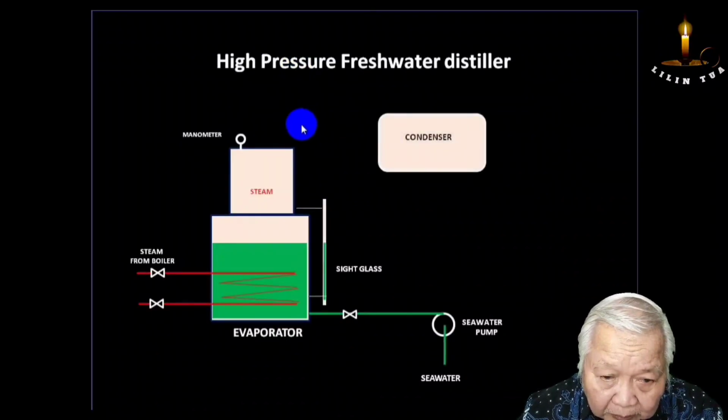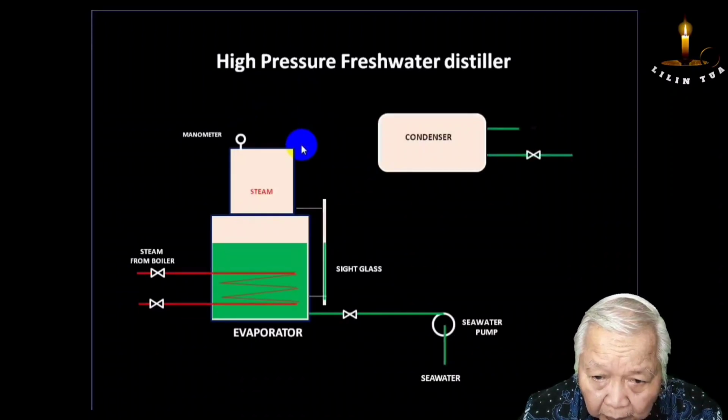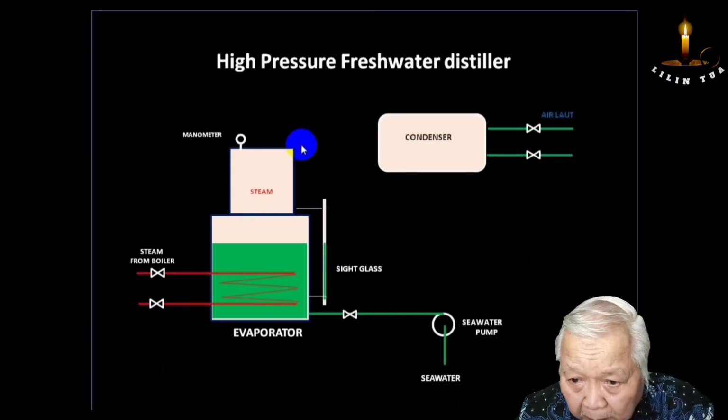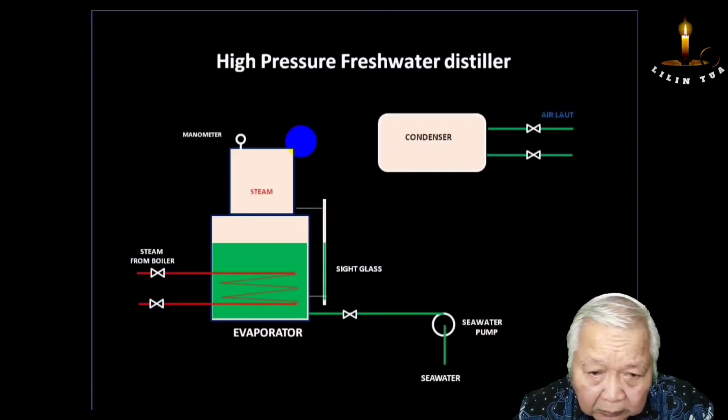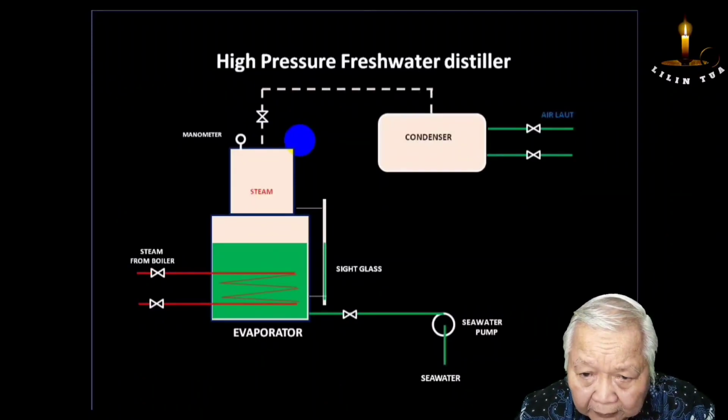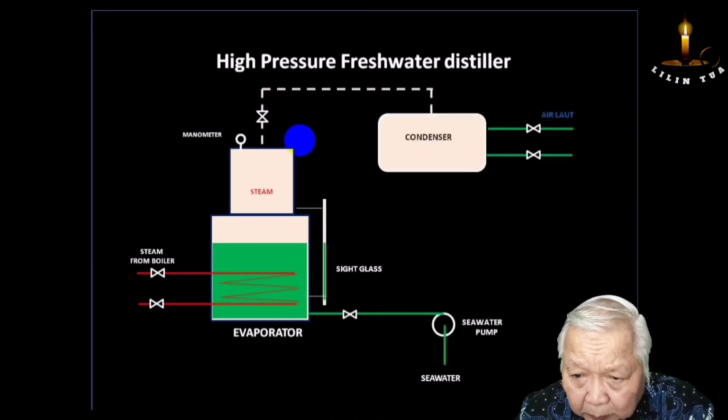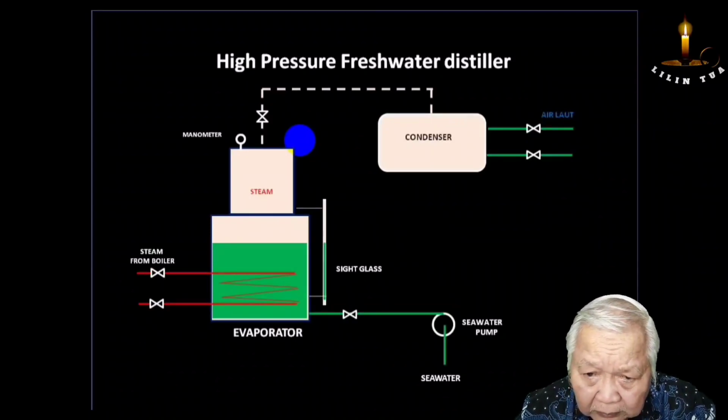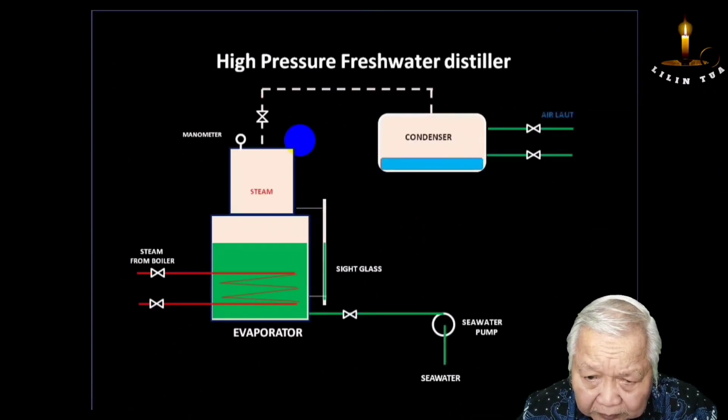the steam produced by the evaporator flows to the condenser that is cooled by seawater. After the heat is absorbed by seawater, the vapor changes form and becomes a liquid called condensate.